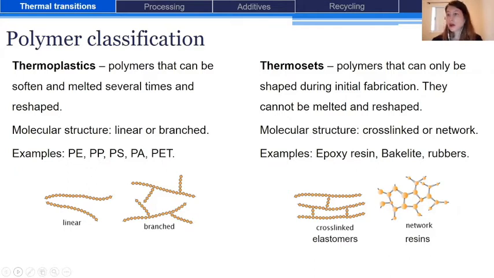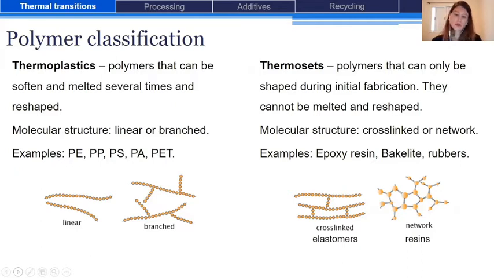So it is the case of rubbers. On the contrary, if the cross-linking density is high, we have a much more rigid material, and this high cross-linking density is present in resins.